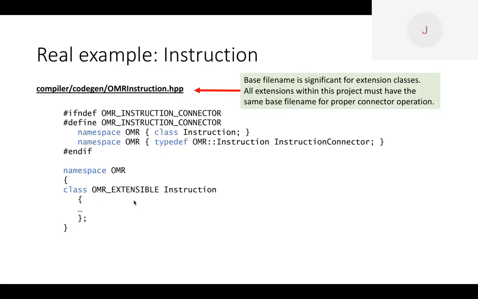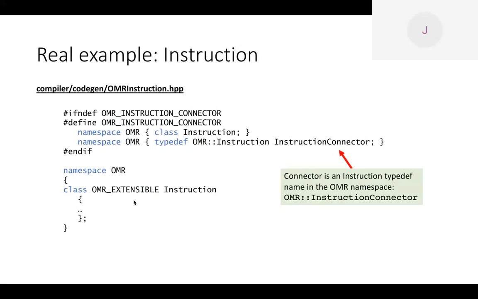And they're never going to live in the same directory. They're going to live in different directories. Like if we had an x86 specialization or a Z specialization, as we'll see in a couple of slides, it'll live in a different directory altogether. So all extensions within this project must have the same base file name for the connector to work properly.